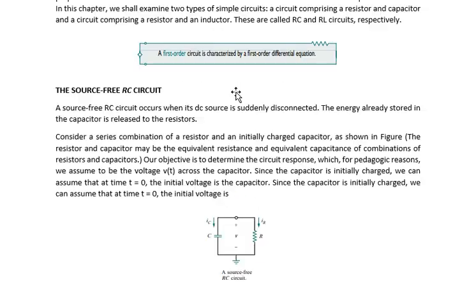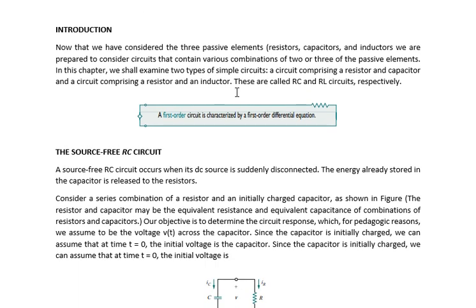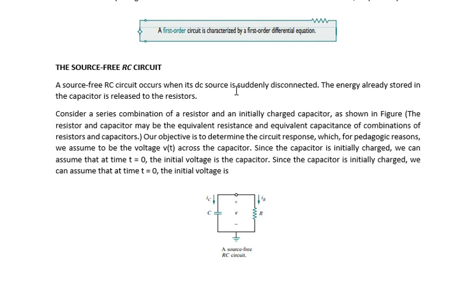It will absorb when it is connected in series with the source, and it supplies when it is connected to a load, for a certain time. So that is a basic characteristic of these circuits.